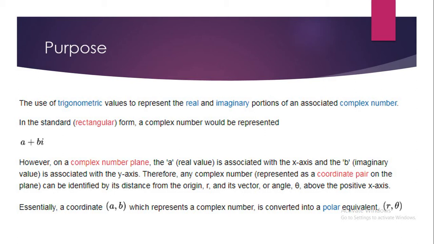Here it's a bit different. It's a complex number plane now. It's no longer a Cartesian plane. We have x and y in the Cartesian plane, but here we have a and b, no longer x and y.